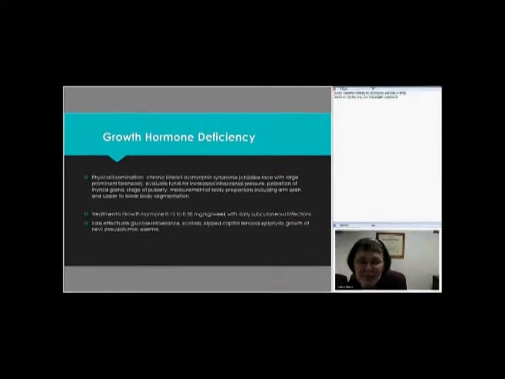The side effects of giving growth hormone are glucose intolerance, scoliosis, slipped capital femoral epiphysis, which you should have remembered from the last lecture or so, where you have rapid growth and then the femur slips out of the acetabulum. Also growth of moles and pseudotumor of the head, or edema. So those are the side effects of growth hormone.